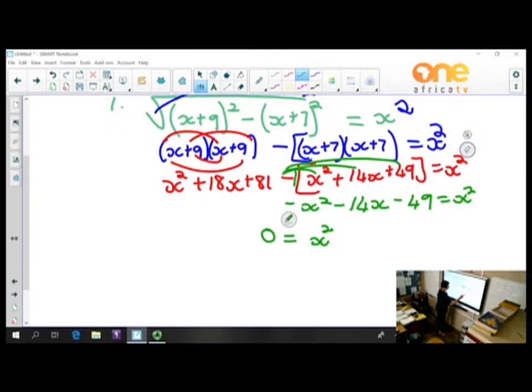And I take it over, so it becomes minus 4x. Remember, I take them all over to the right-hand side now. And what is 81 minus 49? Positive 81 minus 49 is equal to 32, but I'm taking it over, so it's minus 32.